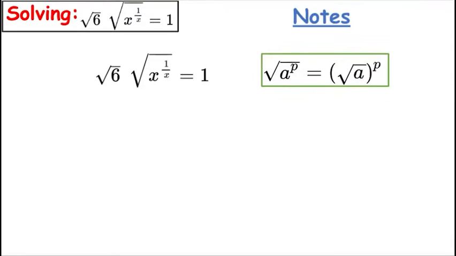We're going to look at the square root in here. We can see we have a fractional power, so we're going to tidy this up and bring it outside with the rule. So we have the square root of x, and we're going to apply the 1 over x outside, and that's equal to 1.